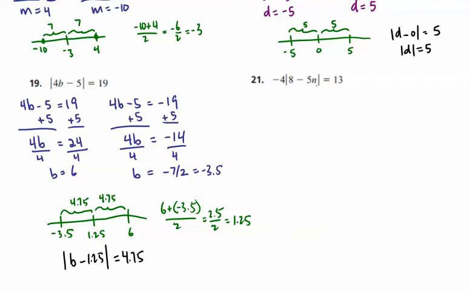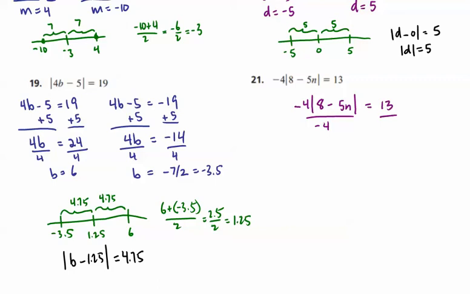Number 21, before we set up the two different equations, we're going to divide by negative 4. So 8 minus 5n equals 13.